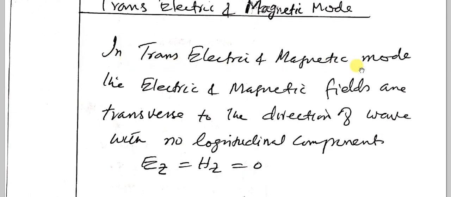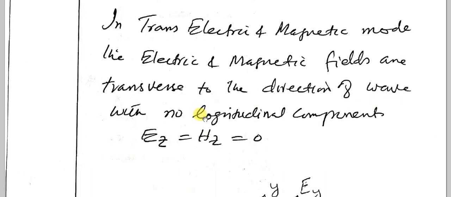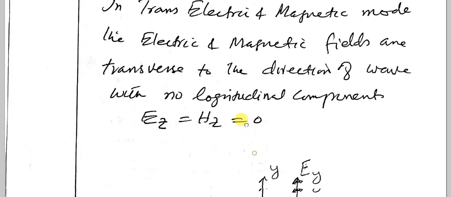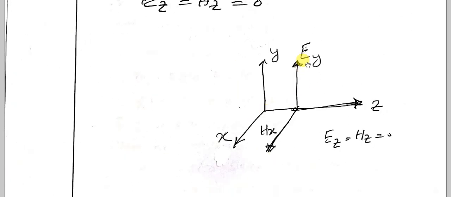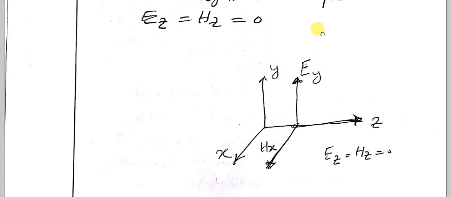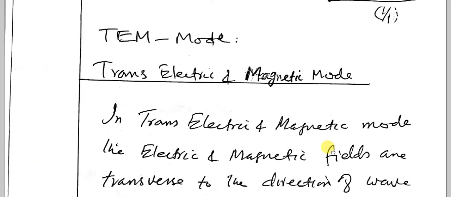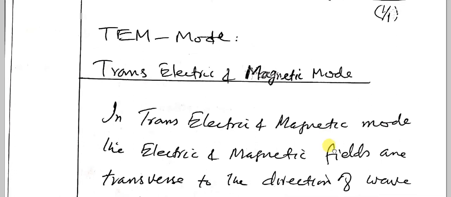In the TEM mode, the electric and magnetic fields are transverse to the direction of propagation of the wave with no longitudinal components. Ez is equal to Hz is equal to 0. So we are left with only these Ey, Hx components, but Ez, Hz are equal to 0. Such a configuration of the electromagnetic fields is called the transverse electric and magnetic mode.